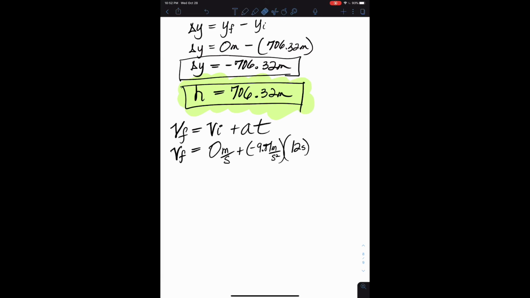So just 12 times 9.81. So this is going to be about 120, right? And this is where I'm going to need to use my calculator because I am using 9.81 and not 10. So we can say that VF is equal to a negative 117.72. Now, what are the units on that?